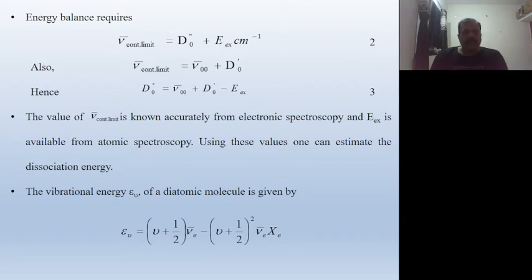Also nu bar continuum limit is equal to nu bar 00 plus D0 prime, which is the ground state energy. Hence, D double prime 0 is equal to nu bar 00 plus D0 prime minus EX. This is equation number 3. This equation comes from rearranging the above equation.